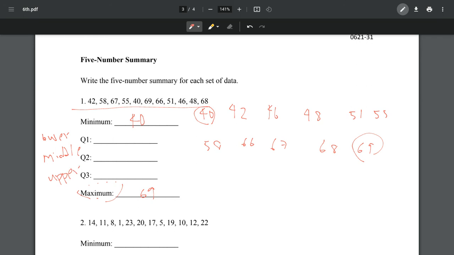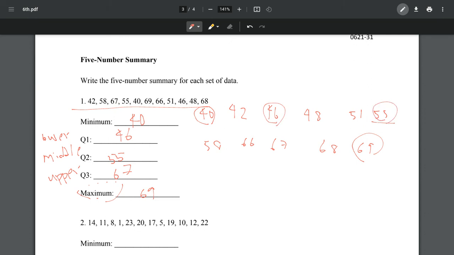Okay, so our lower would be 46. Okay, and then our middle one seems like it's 55. And then our upper would be 67. Okay, so Q1, that's 46.